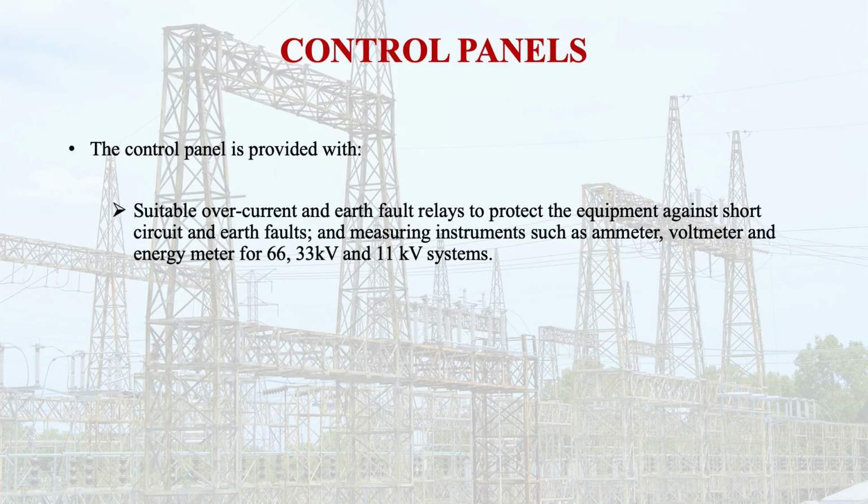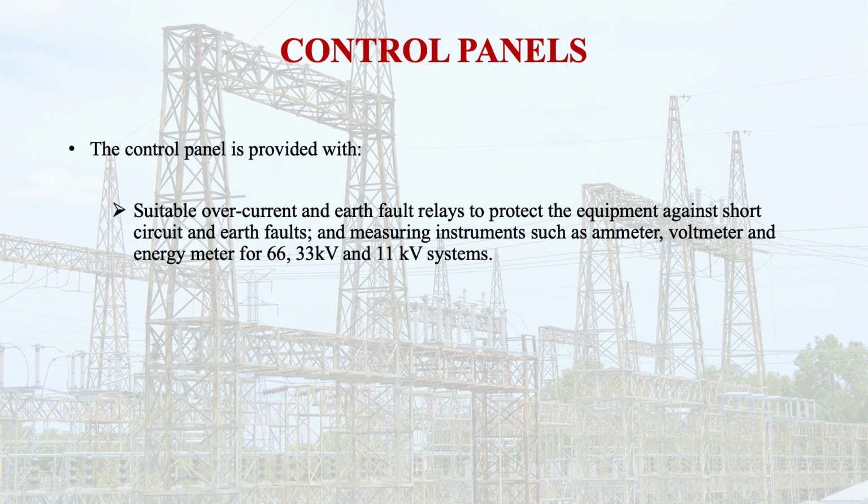This control panel is provided with suitable overcurrent and earth fault relays to protect the equipment against short circuit and earth faults. Overcurrent relays are used to detect high short circuit current, so they protect the equipment from short circuit current.